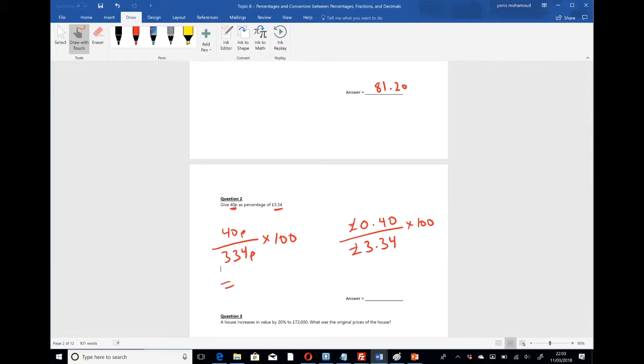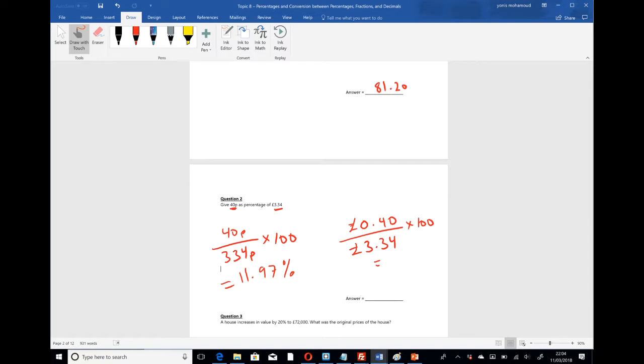So if I did 40p over 334 times 100, I would get 11.97%. But if I did 0.40 pounds over £3.34 times 100, I will also get 11.97%.